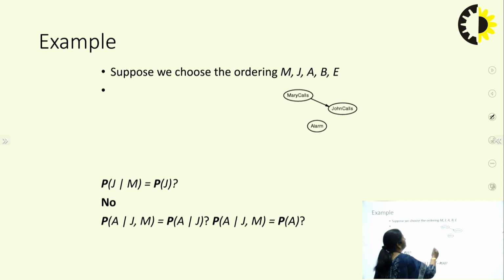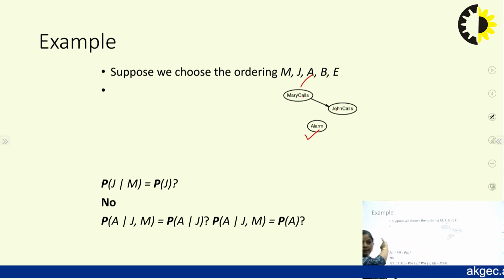Next is alarm. Now see, we got an extra connection in comparison to the best example we were taking, where there were 10 entries. That was very compact, 10 in comparison to 32. But here we have got another connection.